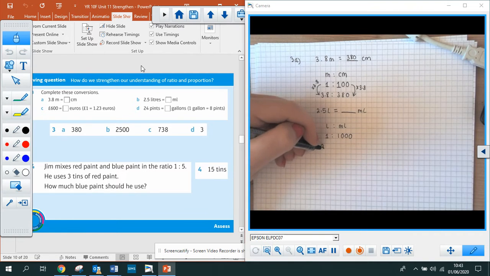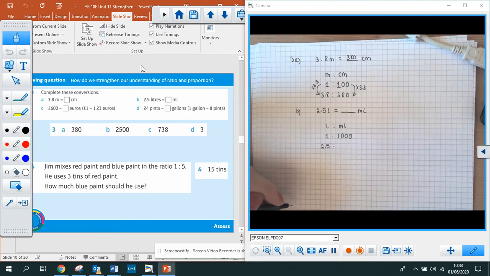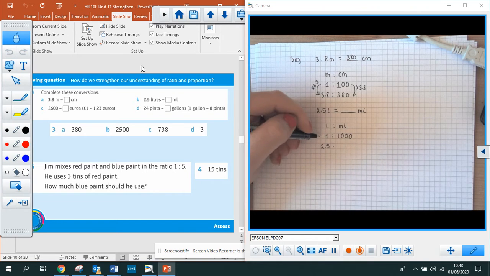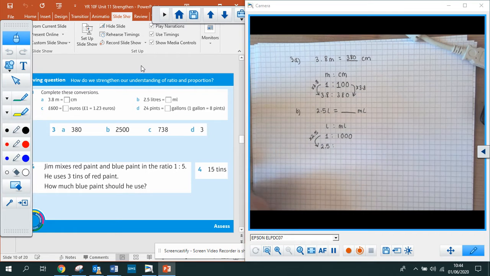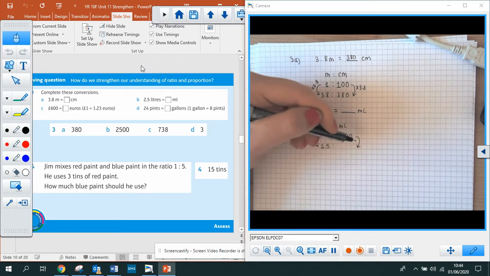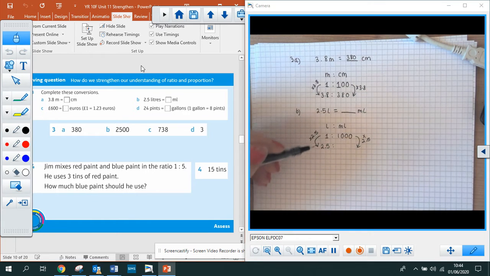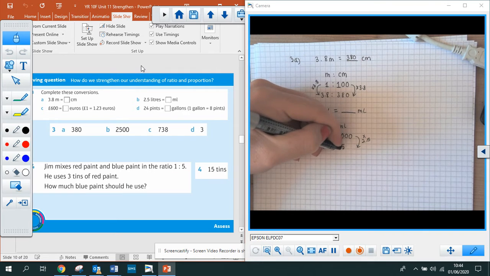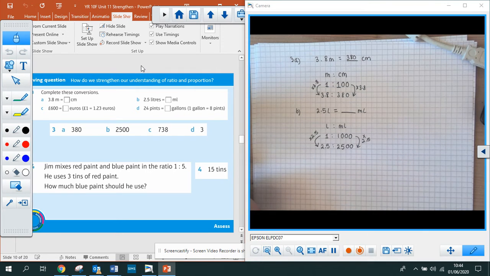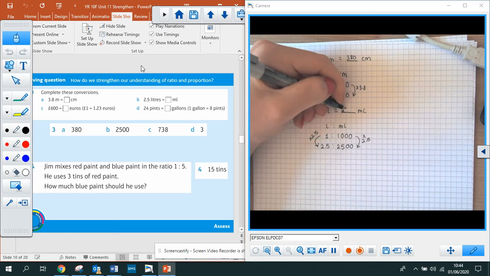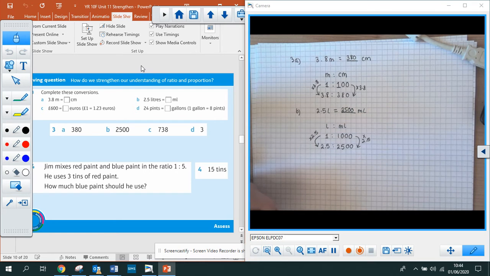I have, in my question, 2.5 litres. How do I get from 1 to 2.5? Well, I multiply by 2.5. Therefore, I have to do the same with my millilitre conversion. So 1,000 multiplied by 2.5 gives me 2,500. So my answer is 2,500 millilitres.